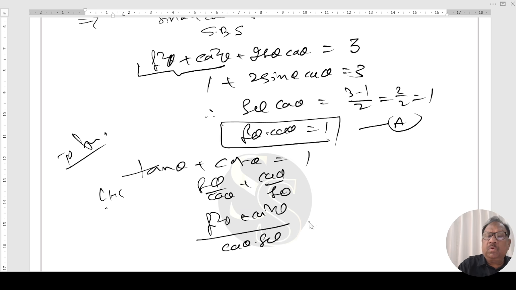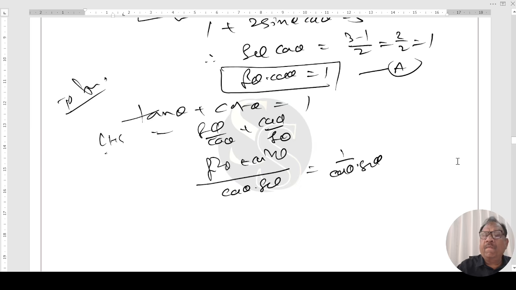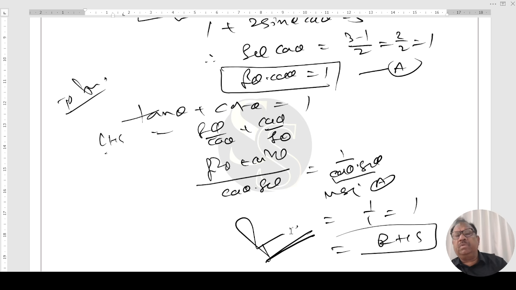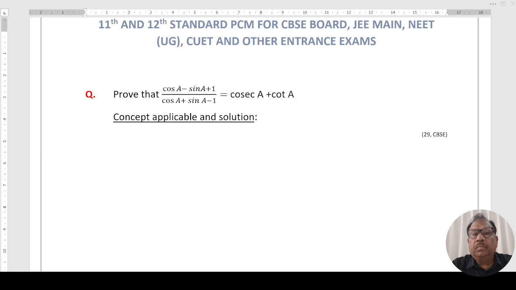On simplification, left hand side comes out to be 1 upon cos theta into sin theta. Using A, that comes out to 1 upon 1, that is 1, which is the right hand side. Proved. Next question.